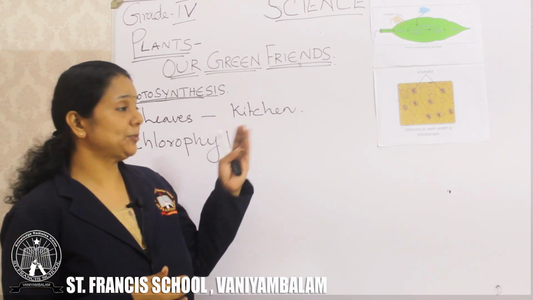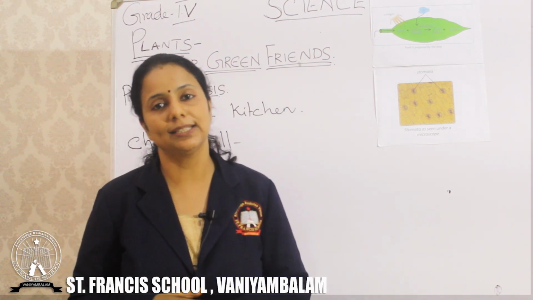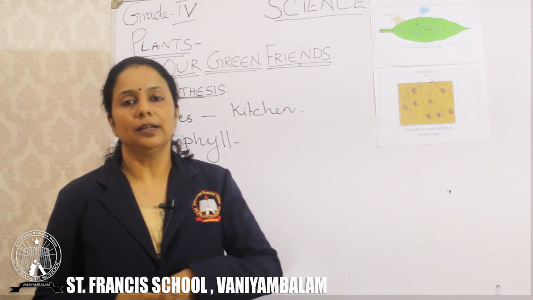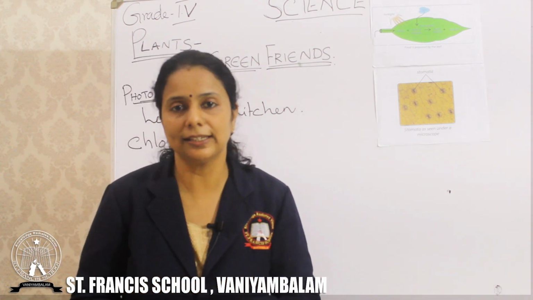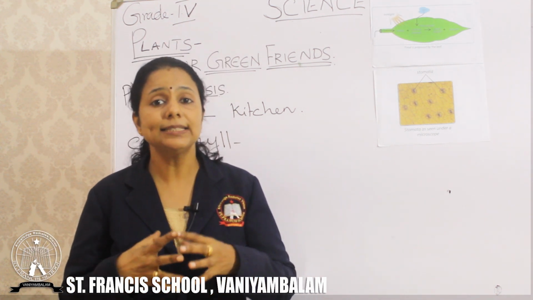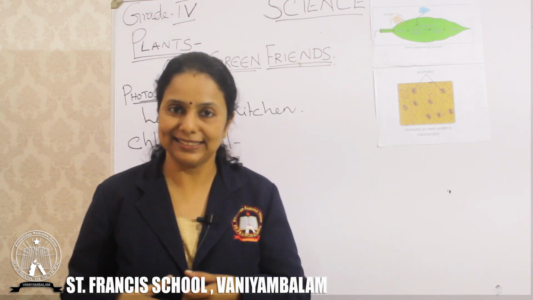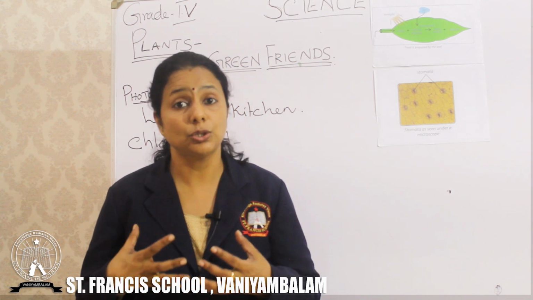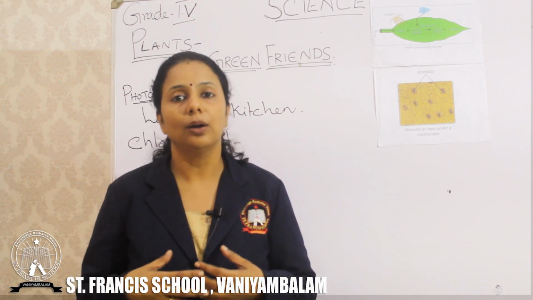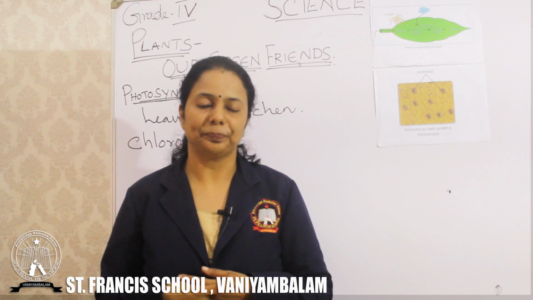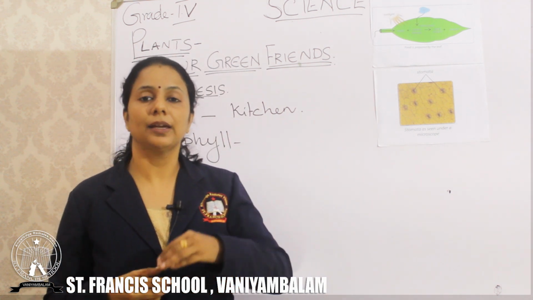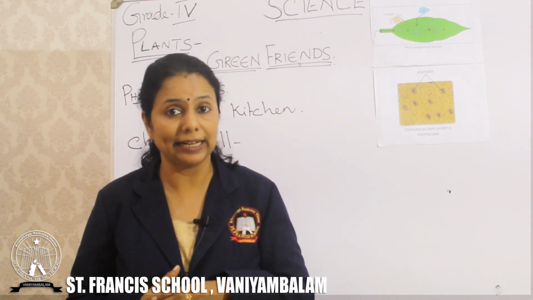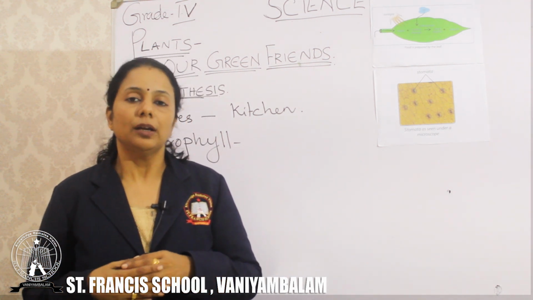Let me explain this process of photosynthesis in the form of a recipe. For example, to make chicken curry, we need some ingredients, right? Like chicken, some spices, onions, tomato, oil, water, etc. Similarly, plants also need some raw materials or ingredients to prepare the food.